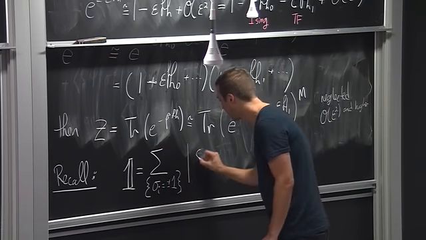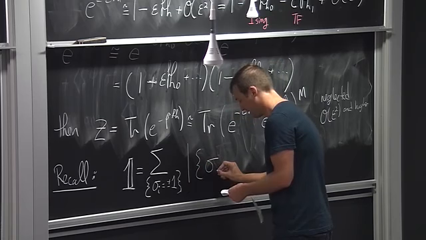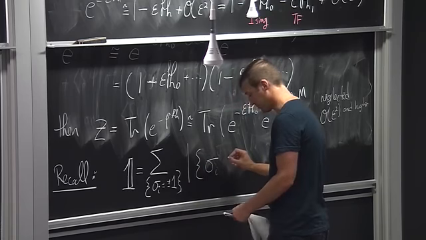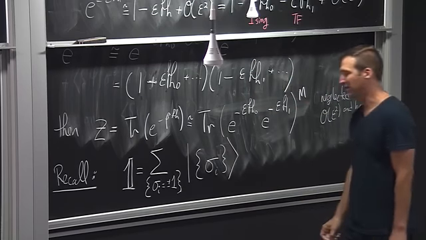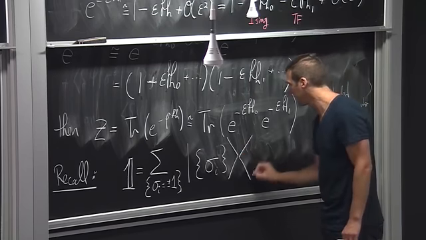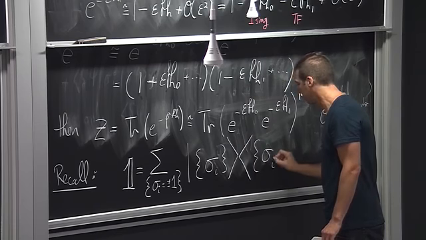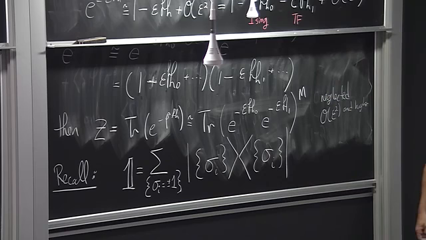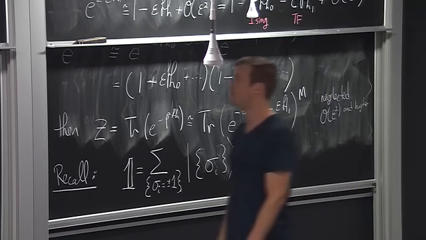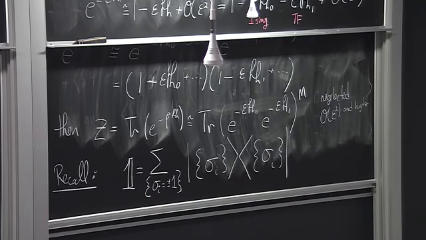And then sigma I, that's like the many-body state that I wrote last time. Sigma I. Okay, so let's use this resolution of the identity.